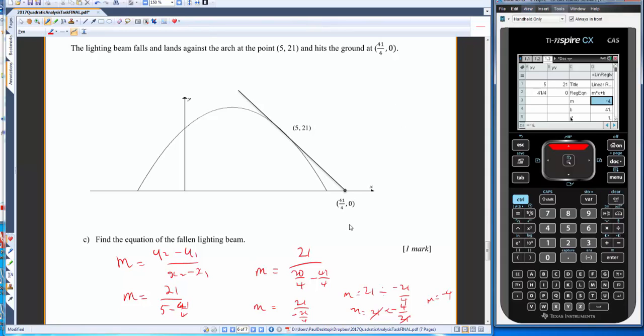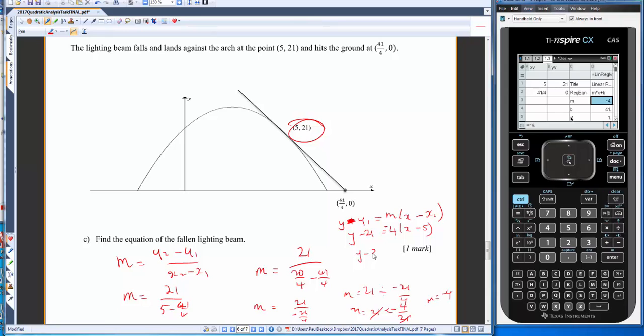So at this stage I know that my formula will be, so we're going to use y take y1 equals m times x take x1. Y take away, and we're going to use this coordinate point here, y take away 21 equals negative 4 times x take 5.